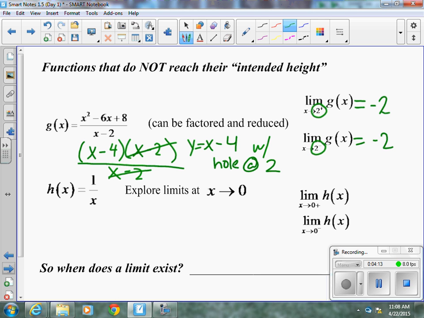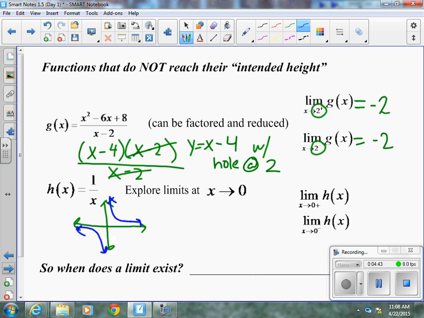This one, for example, h of x equals 1 over x. We can't plug in 0, not possible. There's not going to be any way to get rid of that x in the denominator. So, maybe we need to look at what this graph looks like. If you remember from step 1.2, when we talked about types of functions, you should know that 1 over x looks something like this.